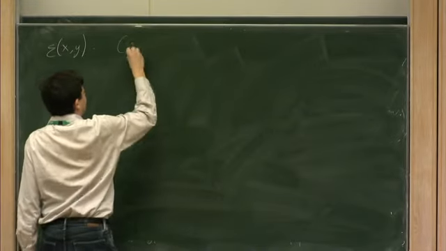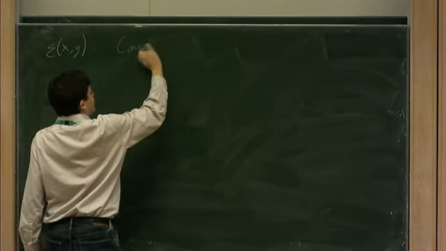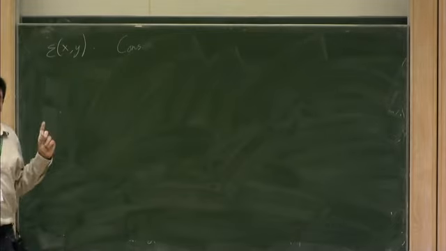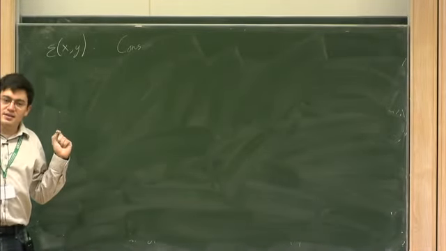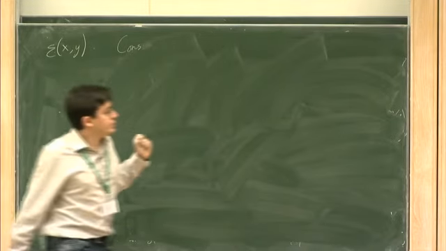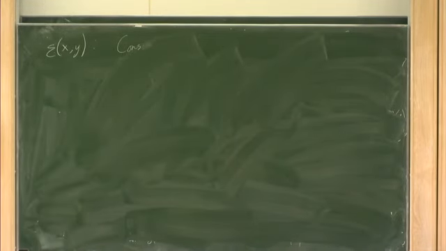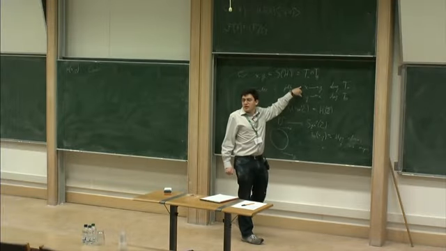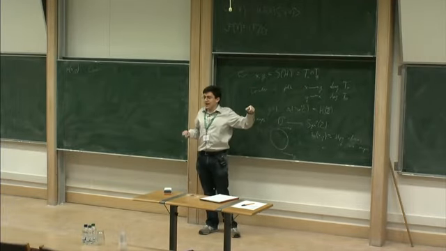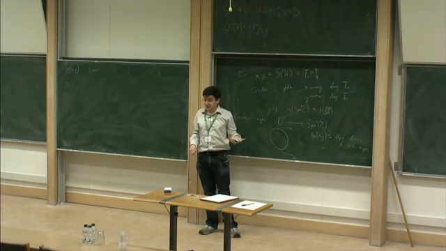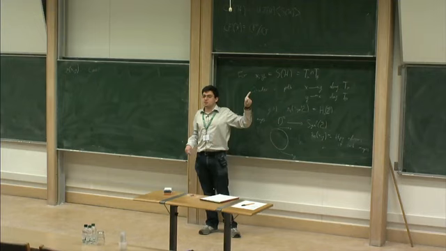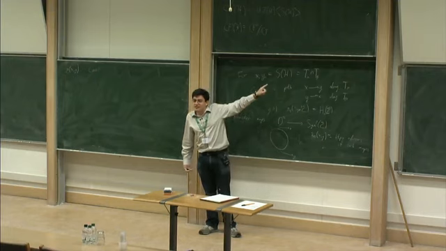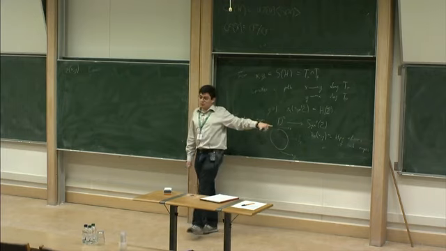So consider, what is a path, first of all? A path in the symmetric product corresponds to a bunch of paths downstairs in the surface, right? Because any point in the symmetric product is just a g-tuple of points.